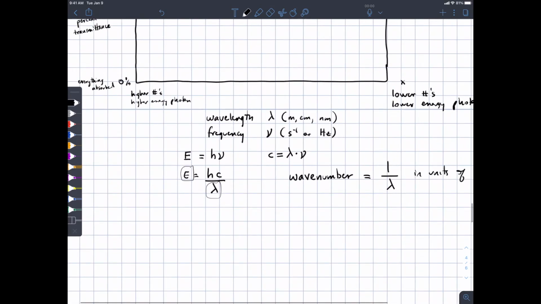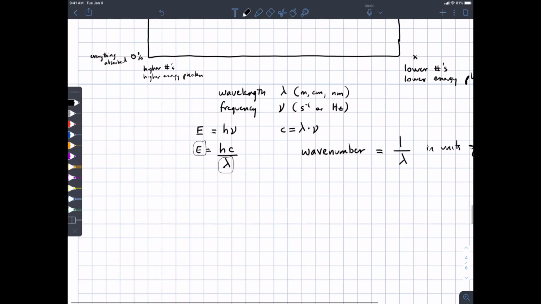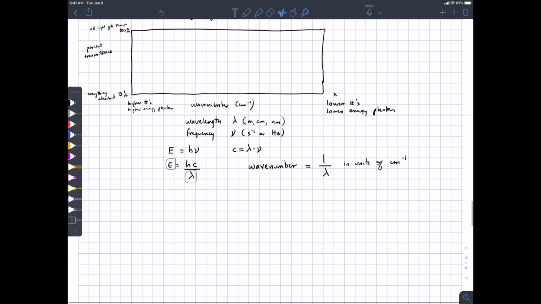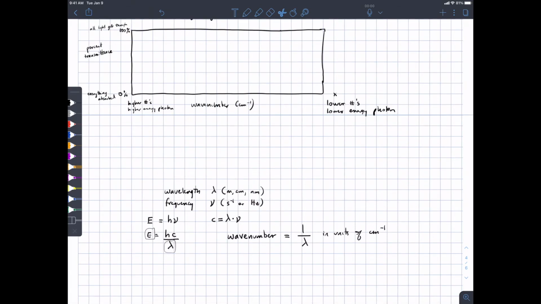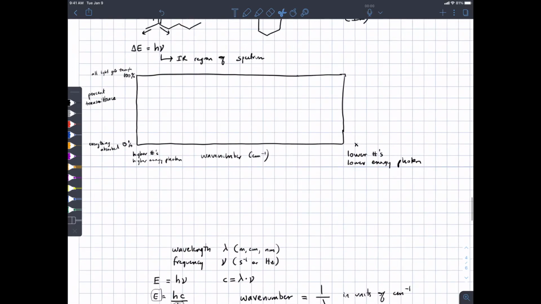So what you're going to see on the x-axis is this thing, wave number, in inverse centimeters. But just realize that's a number that's directly related to energy. The larger the number, the higher energy the photon. All right? It's weird, but that's what we're dealing with.